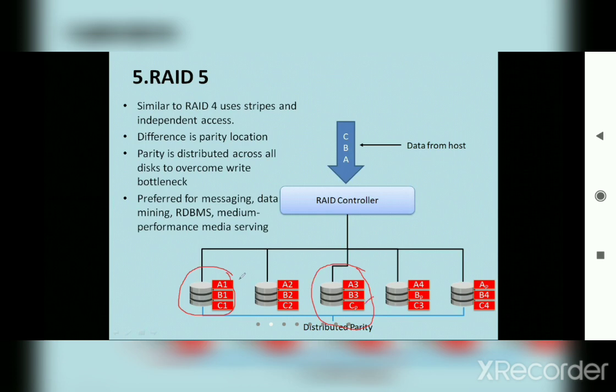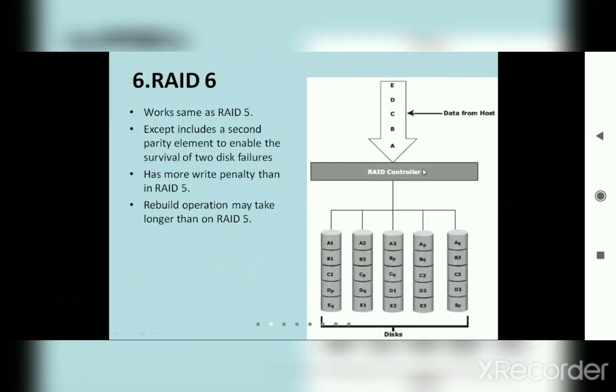We also lose A1 and A3 data. So both disks are corrupted, which means we can only recover the data of one disk. That is impossible, and for that purpose they have gone to RAID 6. So this is the benefit over RAID 5.